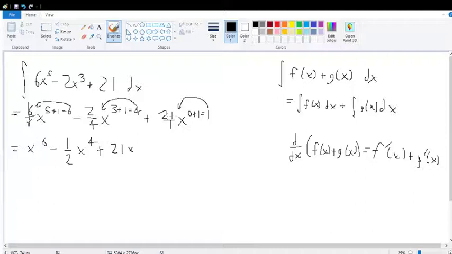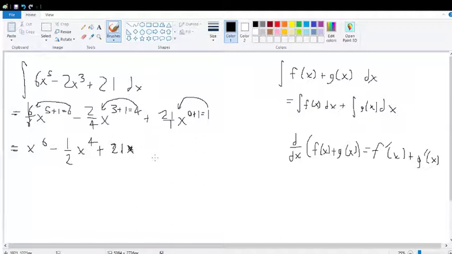So anything divided by 1 is just itself, so 21 will stay the same, and x to the 0, or in other words 1, will now become x to the 1st, just x. So in other words, when you want to integrate a constant, just put x in front, or u, or whatever independent variable is used for that problem.